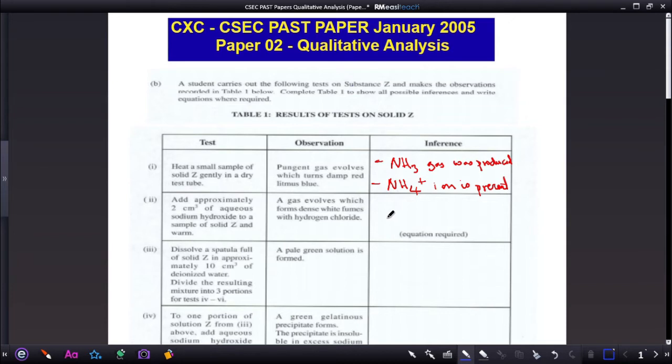Now when ammonia reacts with hydrogen chloride, it forms ammonium chloride. Again, this confirms that ammonium ion is present, so the ammonium ion is confirmed.